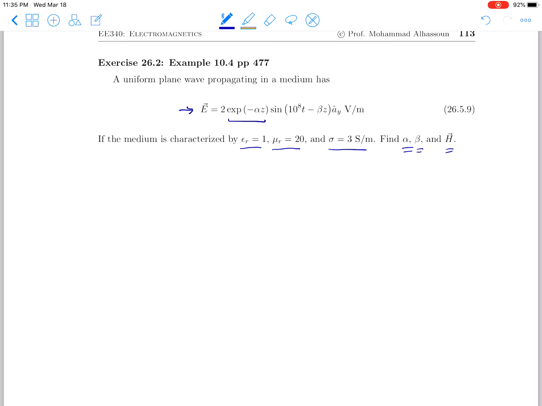So let's check the condition of a good conductor. Remember, a conductor is a good conductor if this one is much greater than 1.